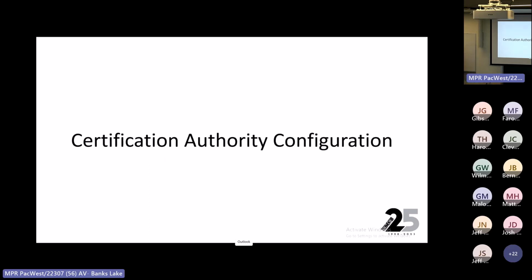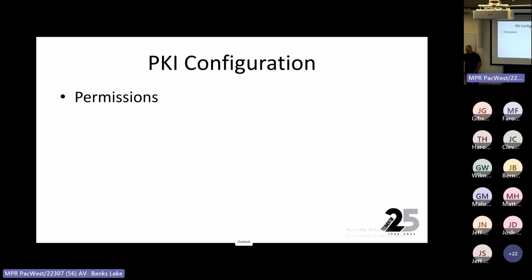So moving on. Once we have the connector installed, we need to do some configuration work on the CA itself. Specifically, we need to set some permissions. We need to grant the service account that we're running under issue and manage, because it needs to issue certificates, but it also needs to manage them. And by manage them, I talked about revocation.